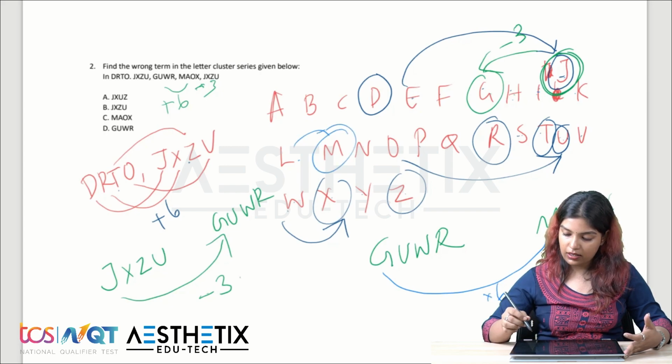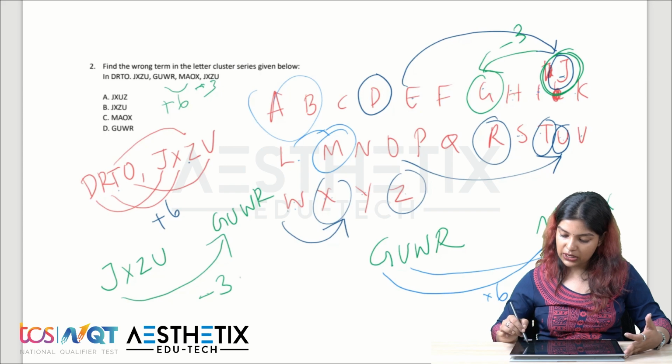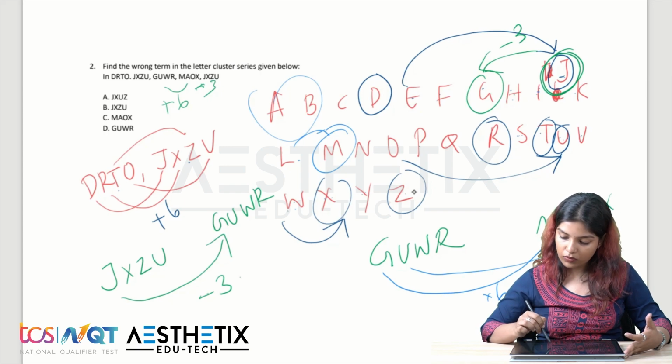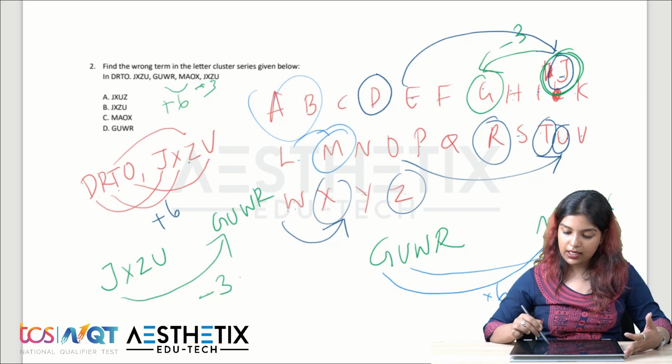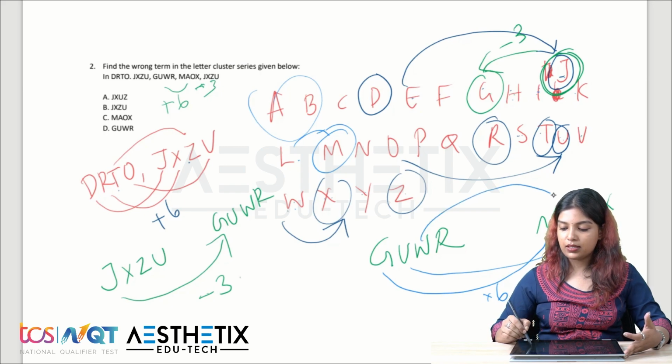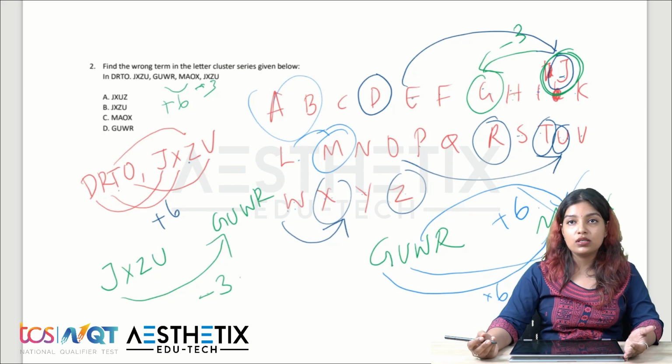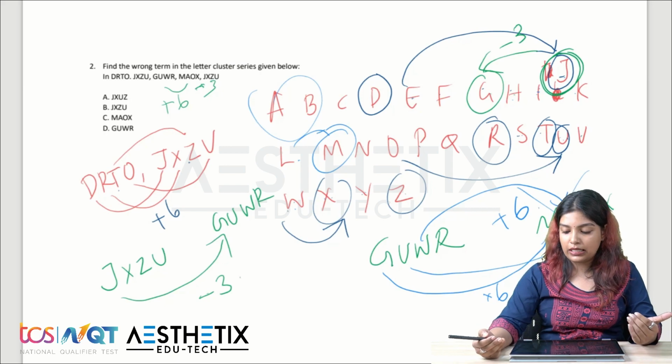U and A, 1, 2, 3, 4, 5, 6. W and O: see here, in the case of W and O, the pattern is not matching plus 6. So that is the term which is wrong, the odd man term here.